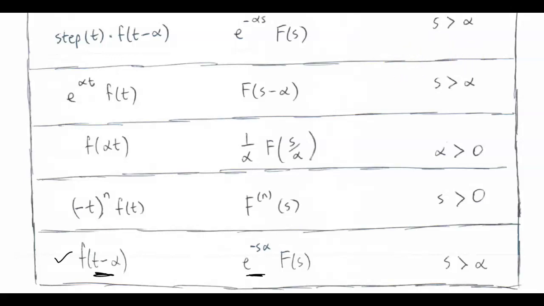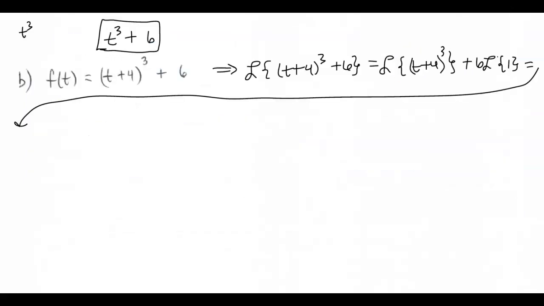Okay, so if we note what we just said, then this will be e raised to the negative s times alpha. And of course, our alpha in this case, since this is a plus 4, will be minus a -4.